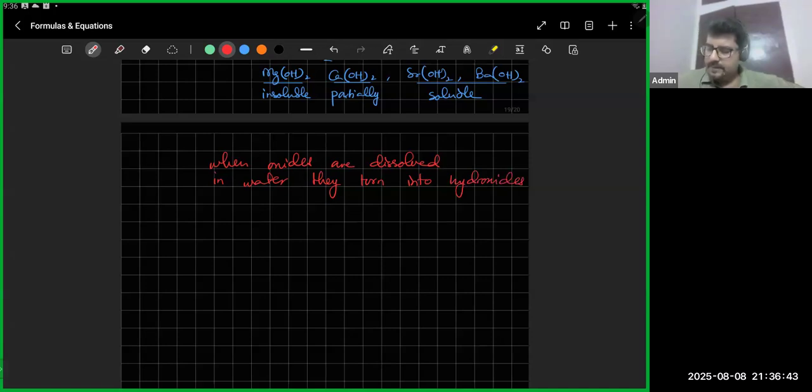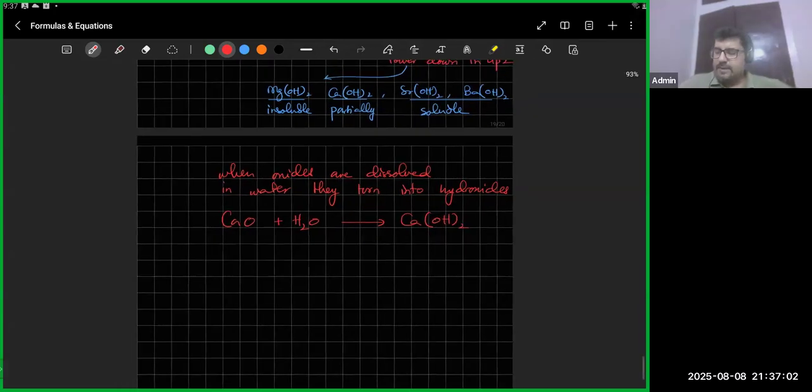Let me just, like you've got calcium oxide. Calcium is +2, oxygen is -2. If you dissolve it in water, it becomes a hydroxide. When you get rid of the water, it turns back into an oxide.